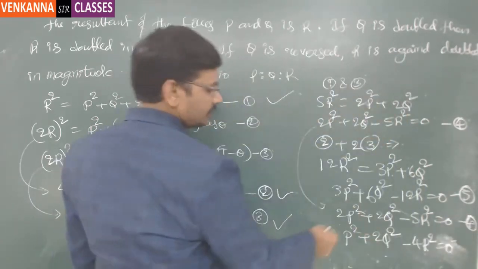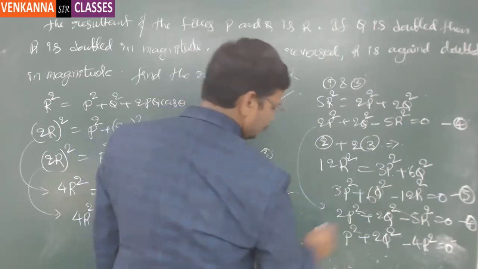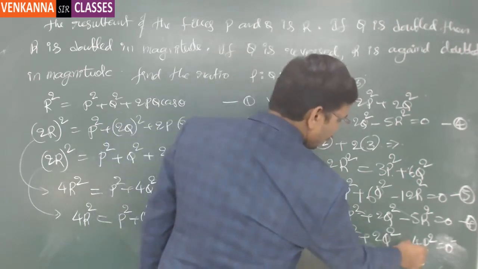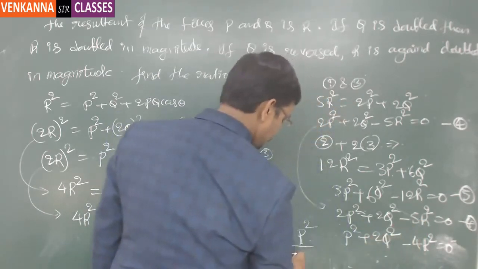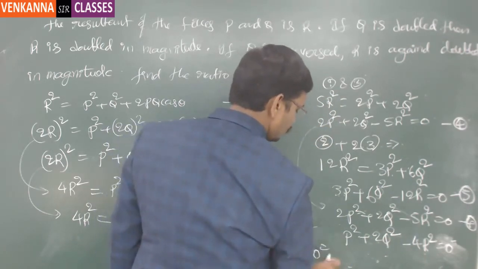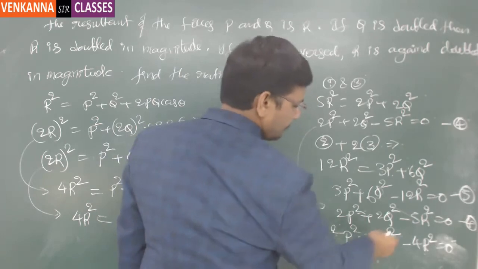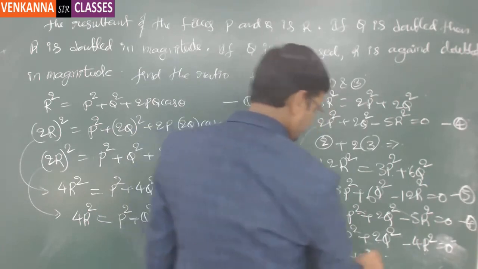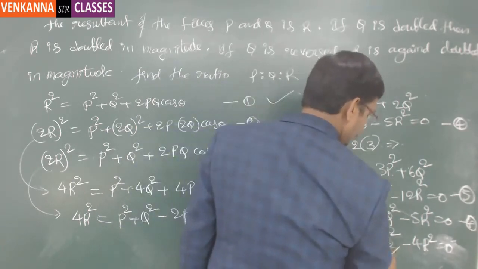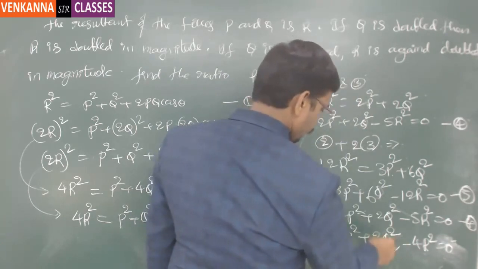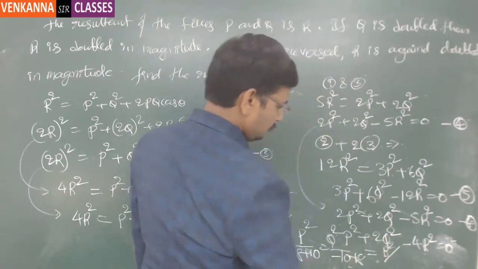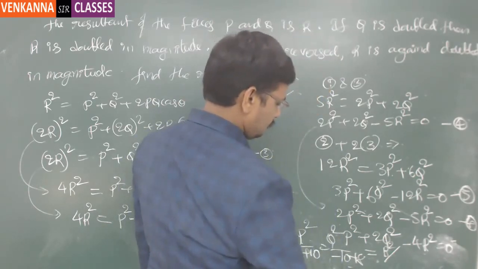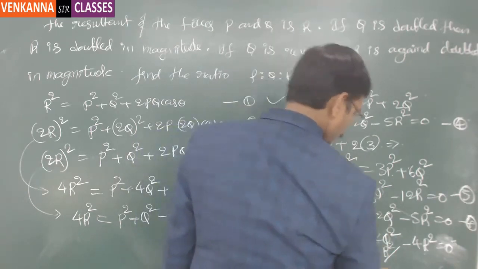After further simplification, I have divided by 3, and this is p square divided by minus 8 plus 10 equal to q square divided by minus 10 plus 8, r square divided by 4 minus 2.